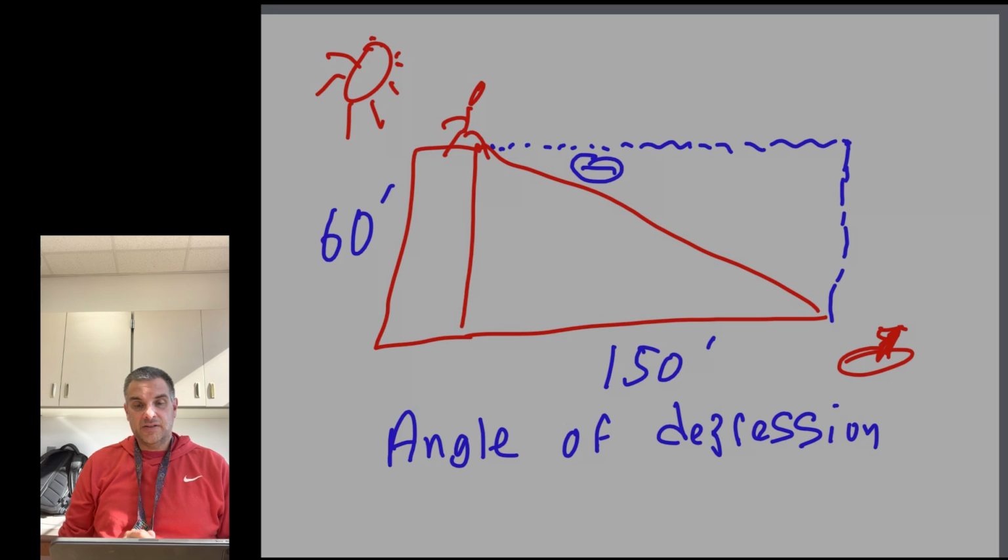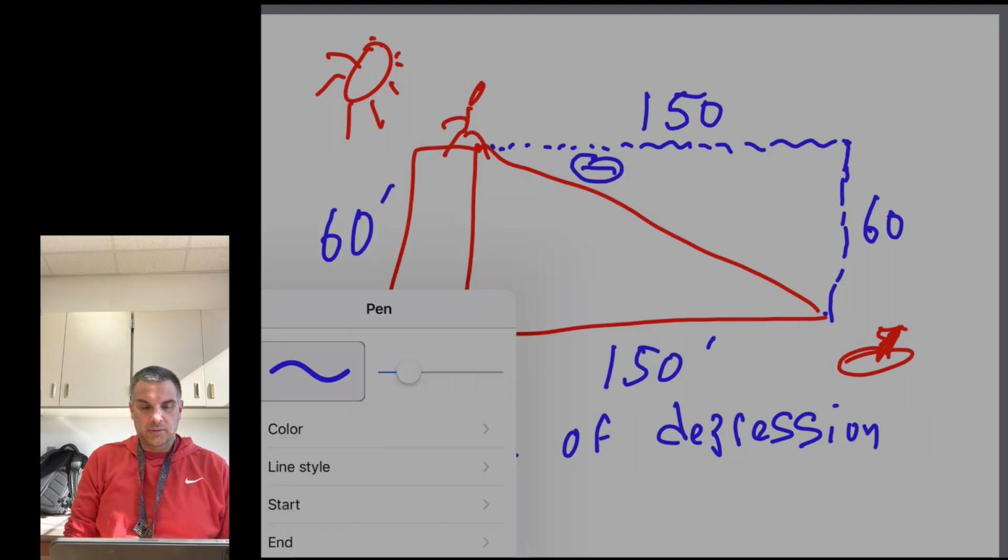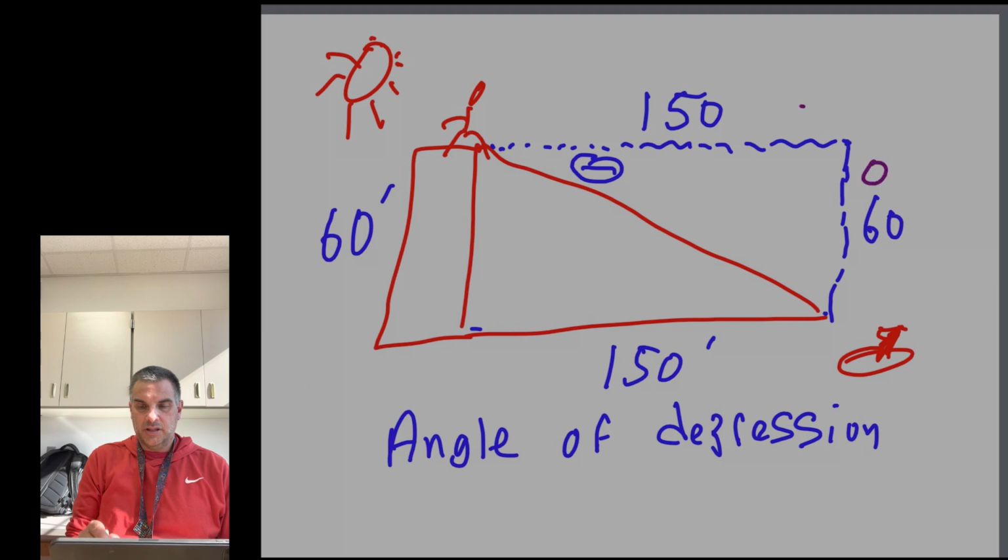And now I've got to transfer my numbers. This was 150, so that's going to make this 150 because it's a parallelogram. This is 60. So now I asked you for the angle of depression this time. Since we have to find the angle, we label our sides first: opposite, and adjacent.